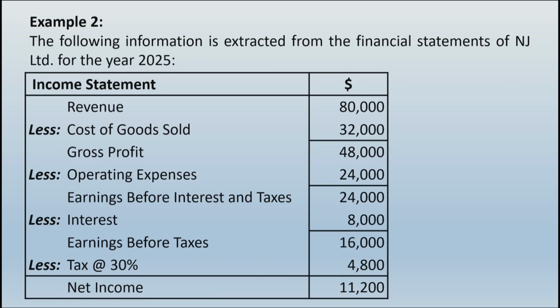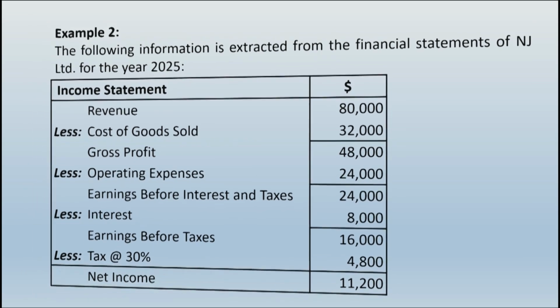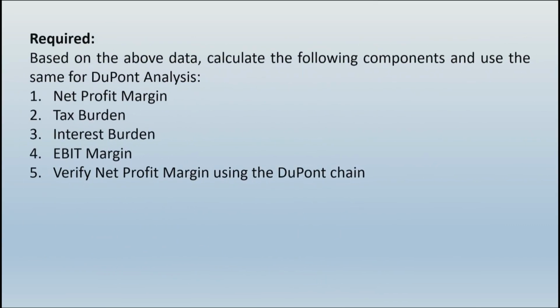Now the later part of the example further says, based on the above data, calculate the following components and use the same for DuPont analysis. So you have net profit margin, tax burden, interest burden, EBIT margin, and verify the net profit margin using the DuPont chain.